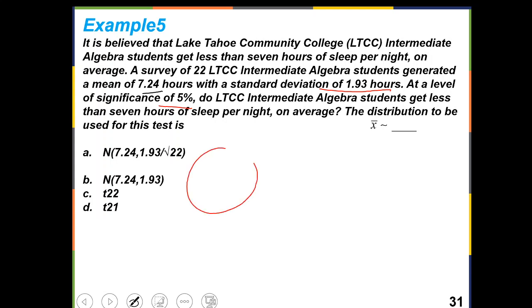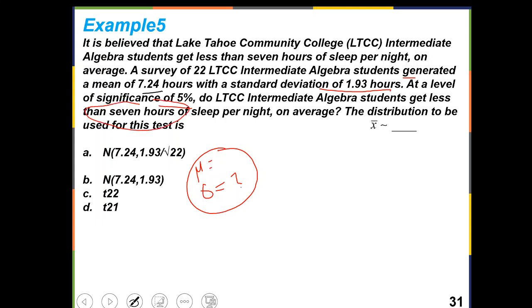So here we have a population. Do we know the standard deviation of the population? Well, let's see. No, we are not given that. So we don't know the standard deviation of the population. And we know the claim is that a survey of 22 generated a mean, at a level of significance of 5%, that is less than 7.